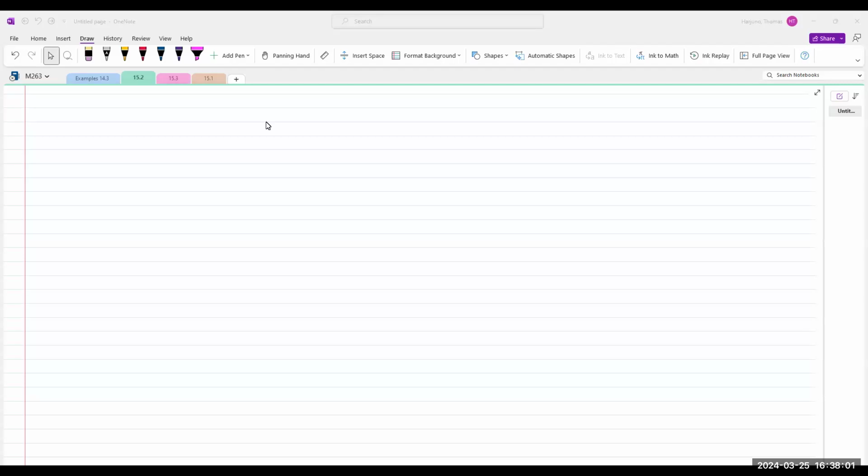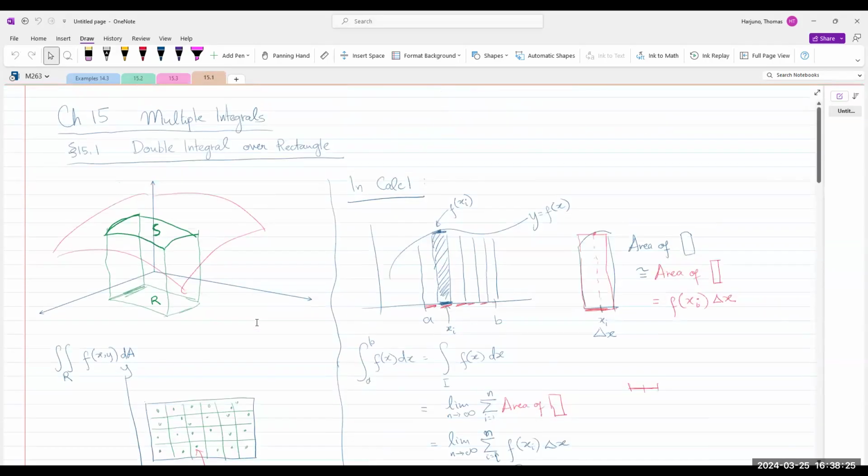Today we will go over section 15.2. 15.2 is on iterated integrals. In fact, I think we're supposed to have double integrals over rectangles. That's the title in 15.1, right?